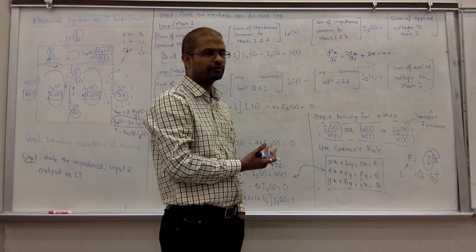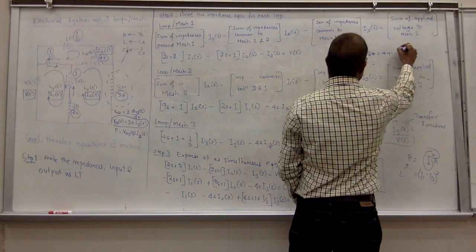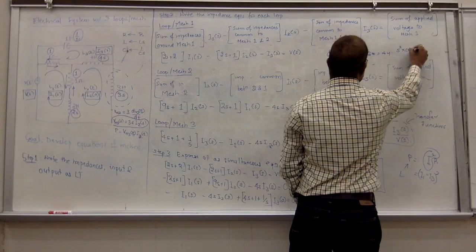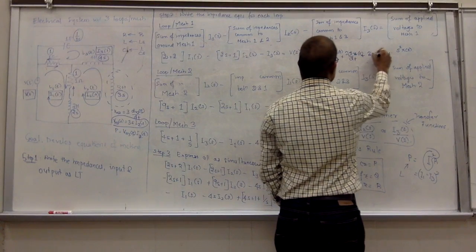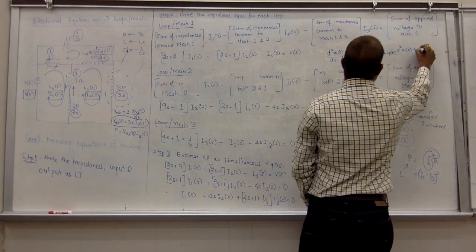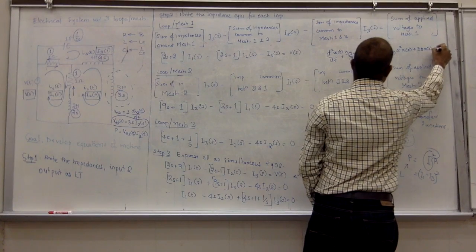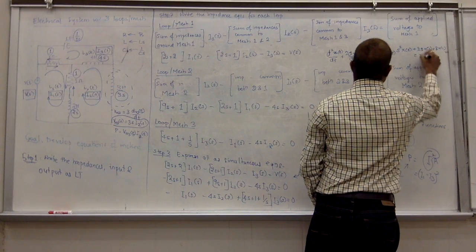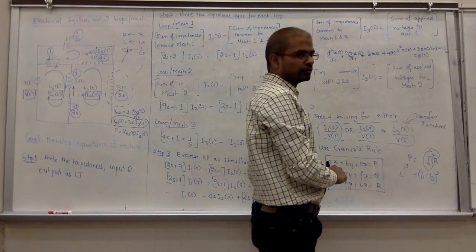Right? So if you take the Laplace of this, what are you going to get? You're going to get s squared X(s), so here it will be x of t, and this will be y of t. If you take a Laplace, plus 2s X(s) plus 3 X(s) equal to 4 Y(s). Got it?